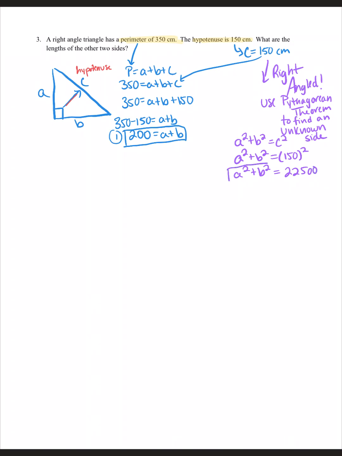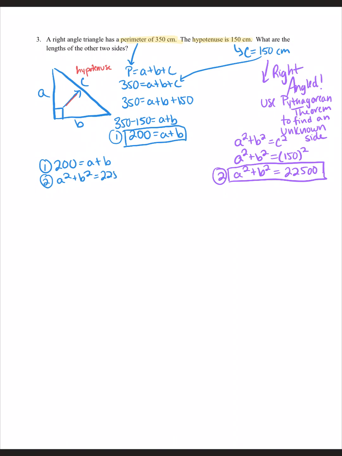So if we have equation 1 and now we've created an equation 2, we can use those two equations to solve for one of the variables, A or B. So let's maybe rearrange one in order to substitute it in. So I'm going to start by stacking my two equations over here. So we have equation 1 and we have equation 2.